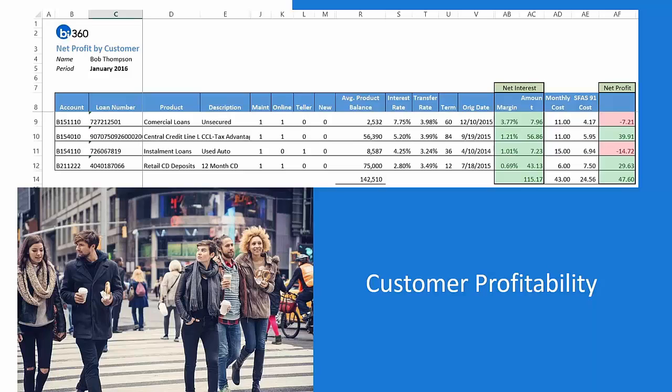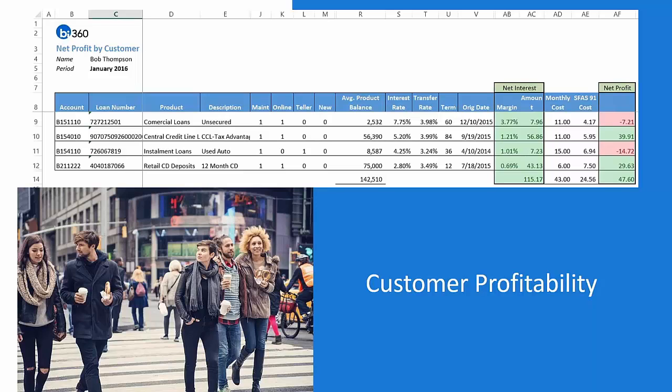Then I've got my monthly costs. Some of them have teller items, some of them have online costs. The way this bank approached the origination cost is more the FAS 91 approach. They want to defer it over the term of the loan, the term of the deposit. If you take those origination costs up front, the customer loses a bunch of money at day one, and then they're trying to dig themselves out of a hole the rest of the relationship.